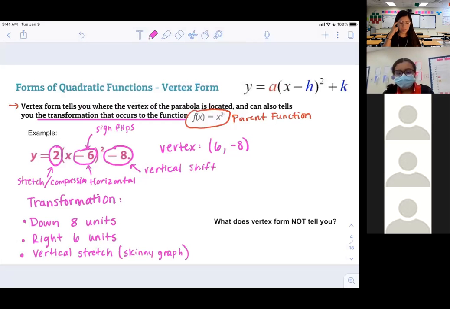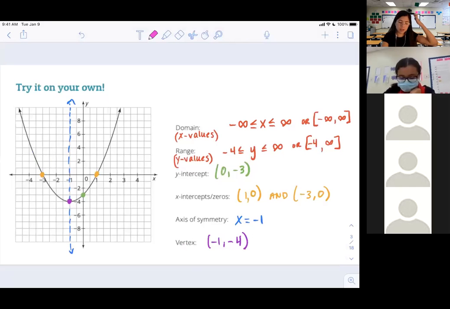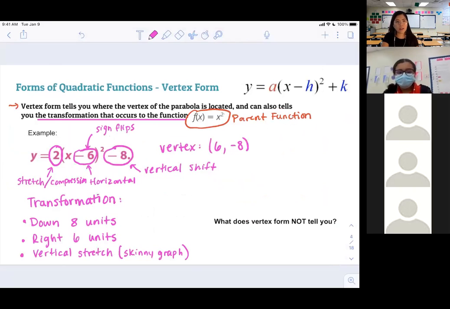Okay. So this is everything we know about the function. We know a lot of stuff, right? But I'm still missing a lot of information. If we think about all of the things we did in the previous problem, the x-intercepts, the axis of symmetry, the vertex, all of that stuff, what do I not know? The y-intercepts and the x-intercepts.